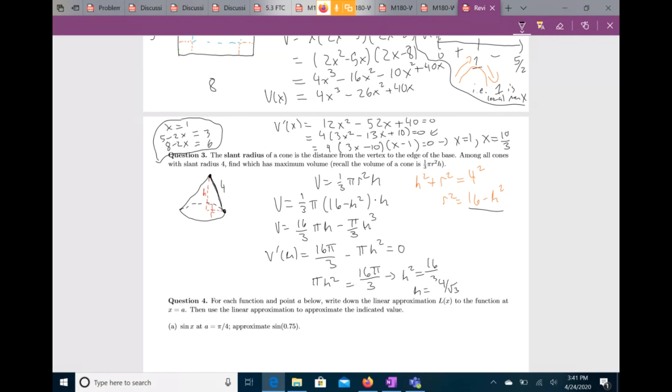Okay, so if H is 4 over root 3, then the radius is given by R squared equals 16 minus H squared, and H squared is 16 over 3.